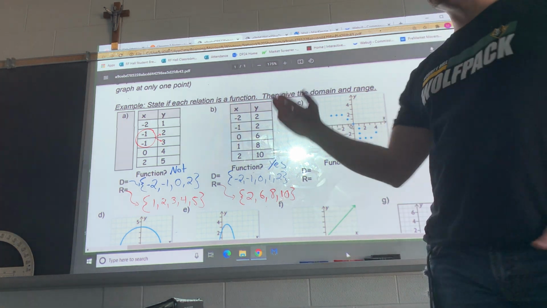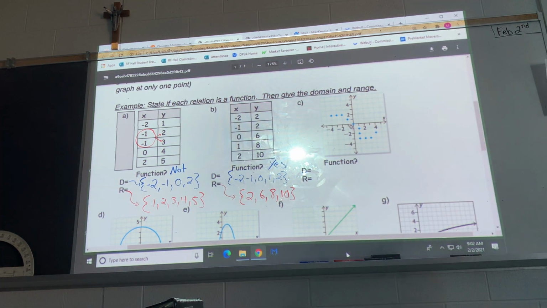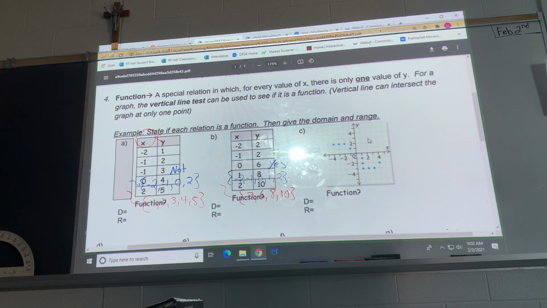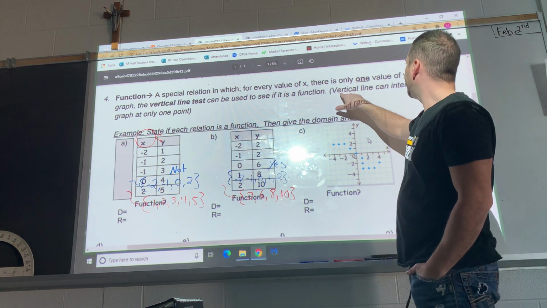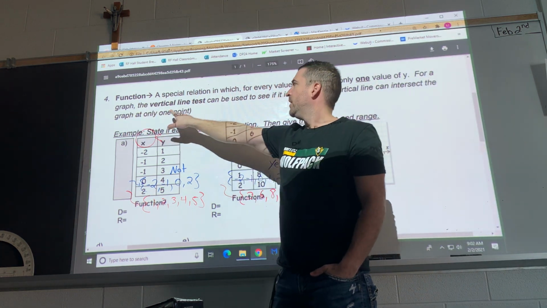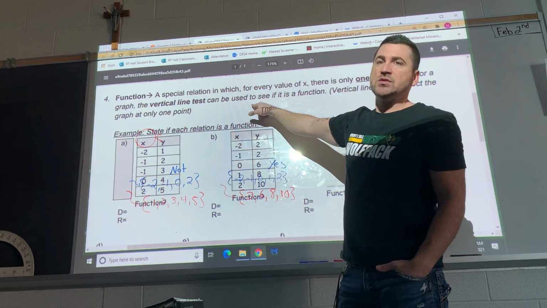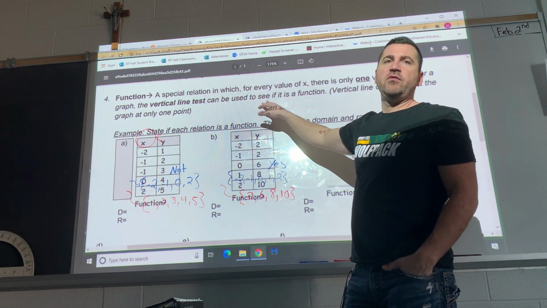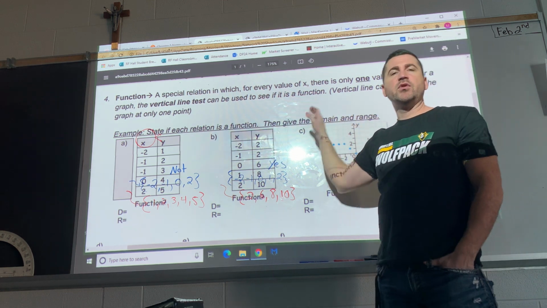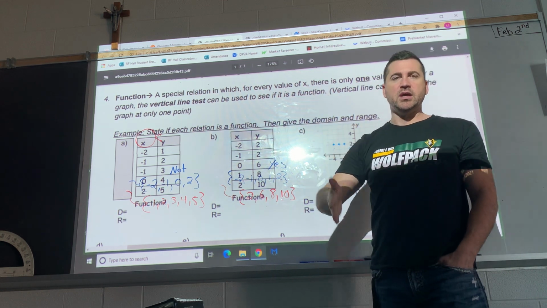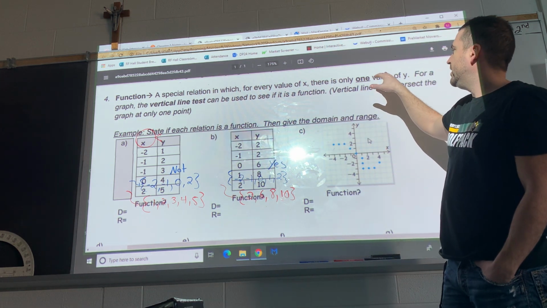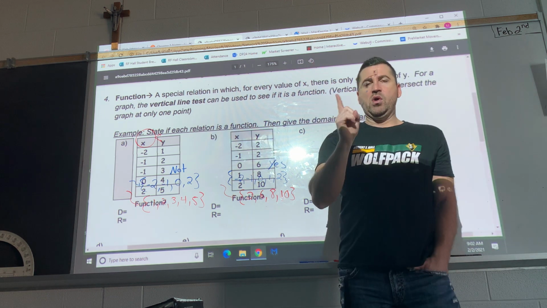Okay, I just want to scroll up just for a minute, talk about something I kind of skipped over. Forgot to mention this part right here. For a graph, we could do the vertical line test. If we draw a vertical line, so vertical means up and down, it can only touch the graph at one point.